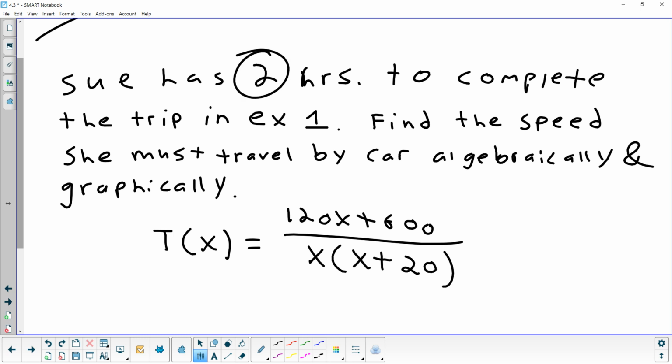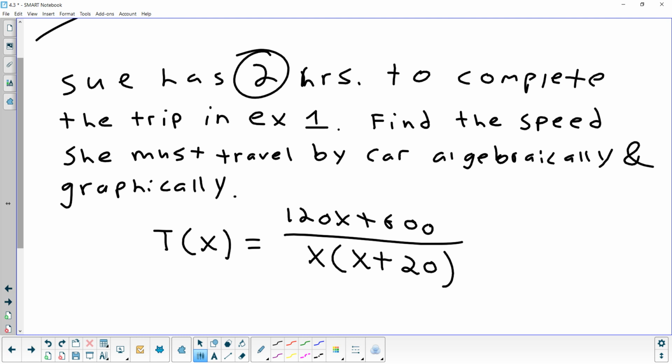So we have to do something with this. Anyone have a guess what we would do with that 2? Did you set it equal to 2? Yeah, you're going to replace the T of x with 2.